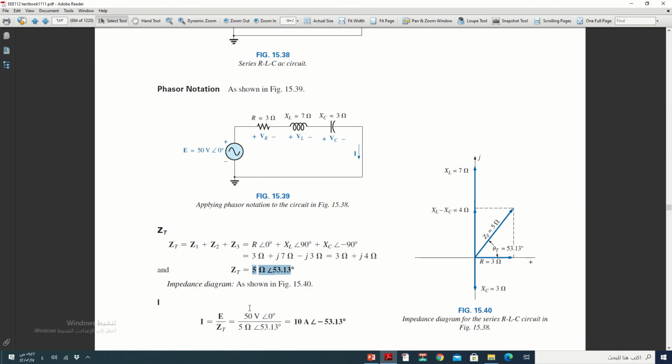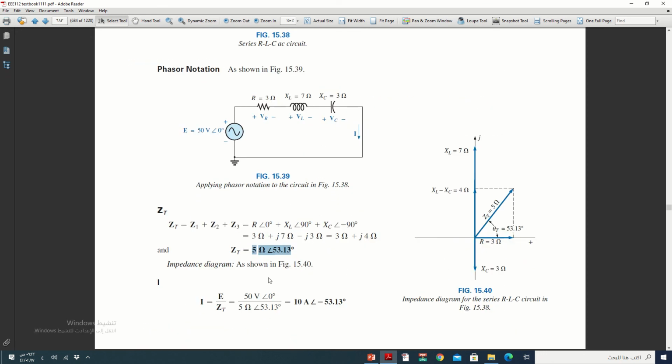Similarly, you can draw the phasor diagram. If we have Z total and we have the voltage here in phasor form, we will divide them. You will get 10 with angle minus 53.